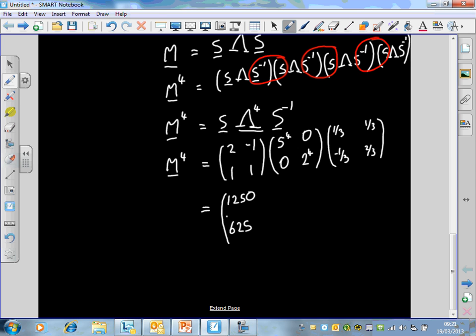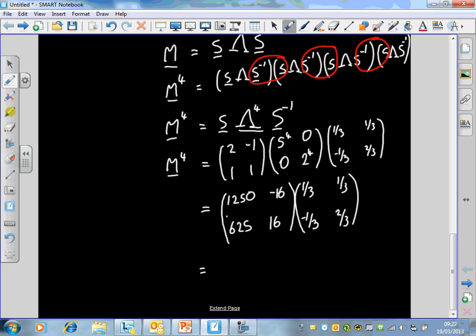This element here is just going to be 5 to the 4, 625. 2 times 0 minus 1 times 2 to the 4, and 2 to the 4 is 16, so that would be minus 16. Right.